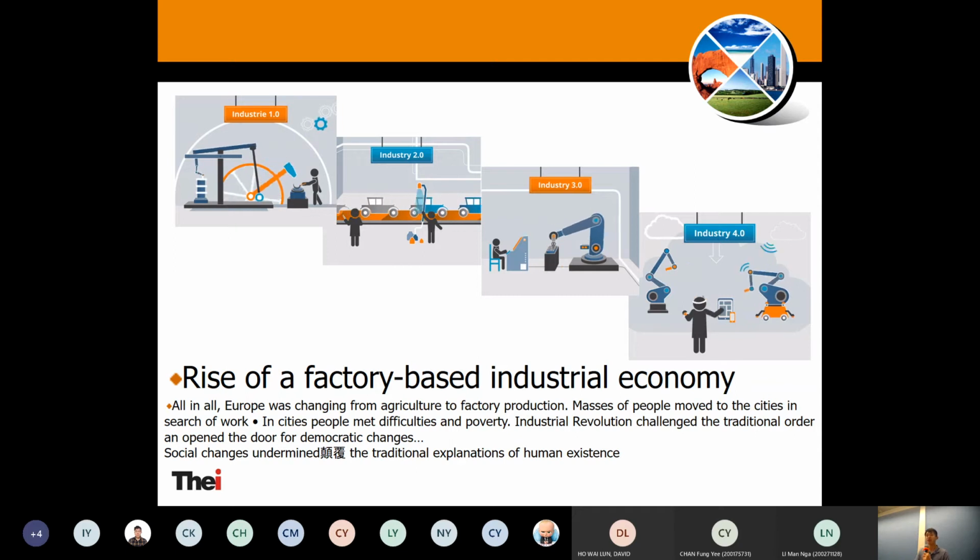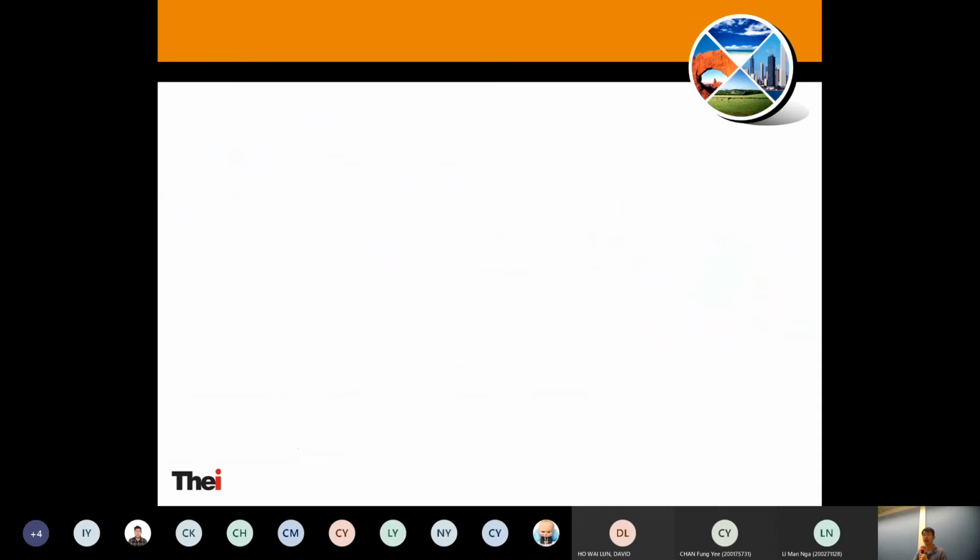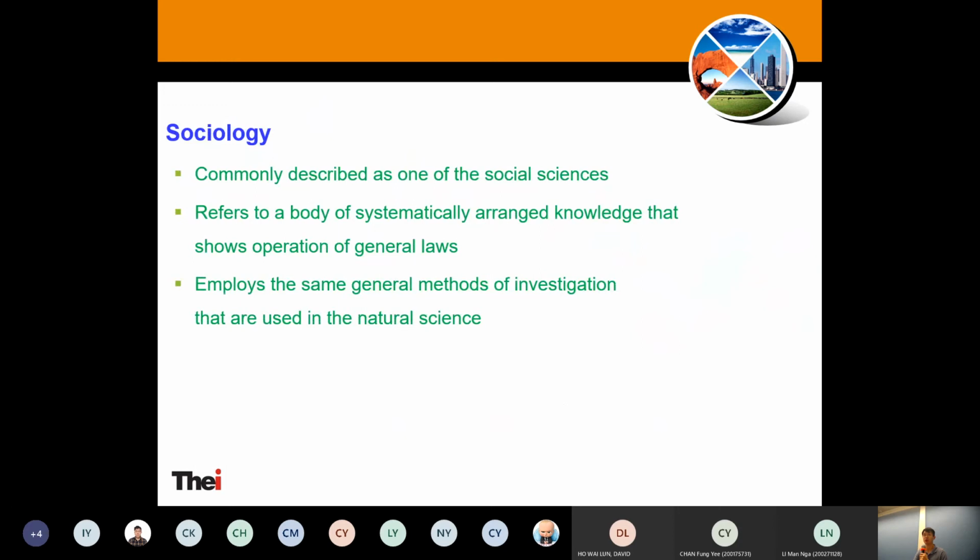So you can see, when we talk about the wider context, it has to a large extent changed our daily practice and our understanding of society. When we talk about sociology, that is about systematic understanding and knowledge of the wider context.